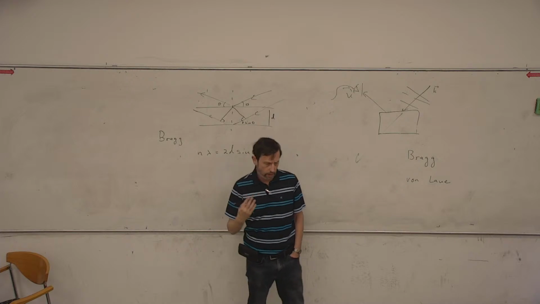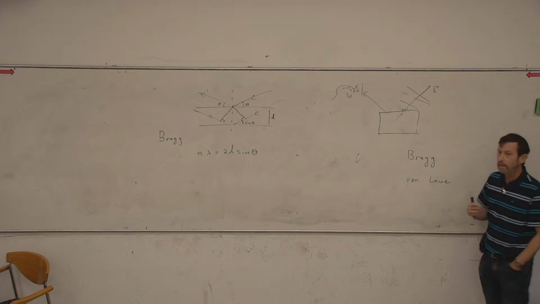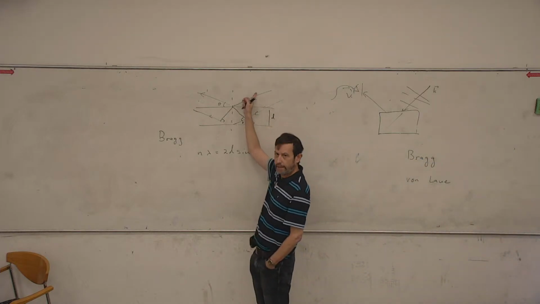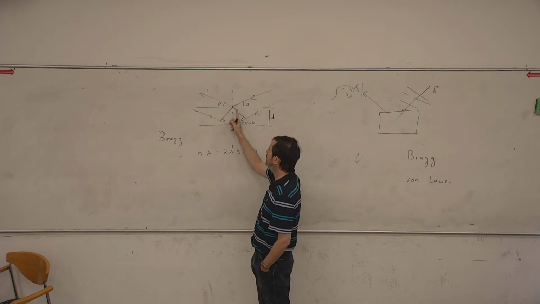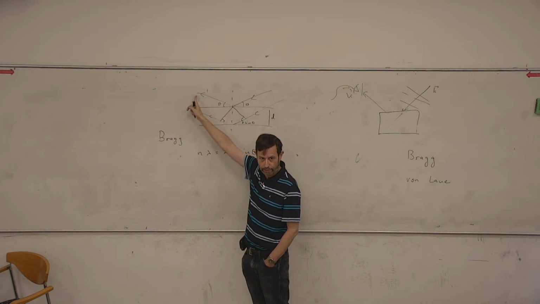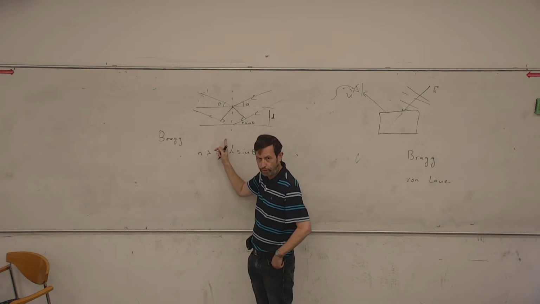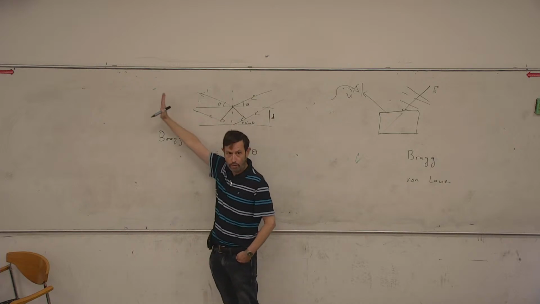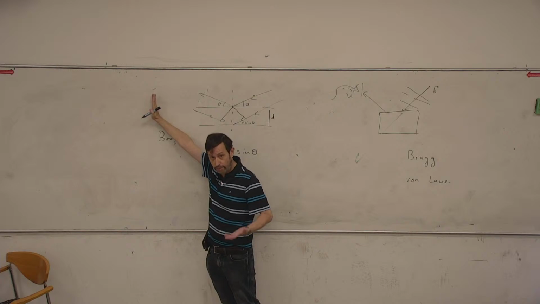I'll stop a minute and emphasize it because it's important. At the end of the day, most of the wave continues on. Only a small portion of it is reflected from the first plane, a small portion from the second, and so on and so forth. So if you want to see what's the wave coming out in this direction, you have to add them all.